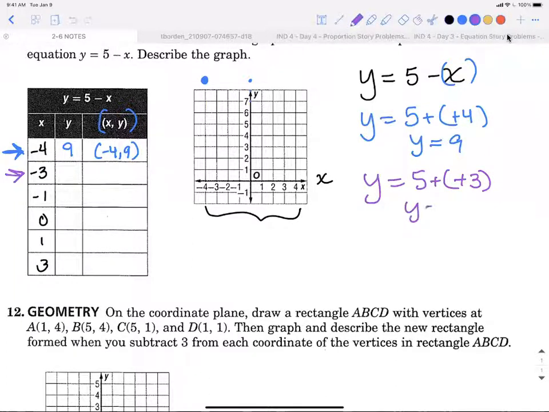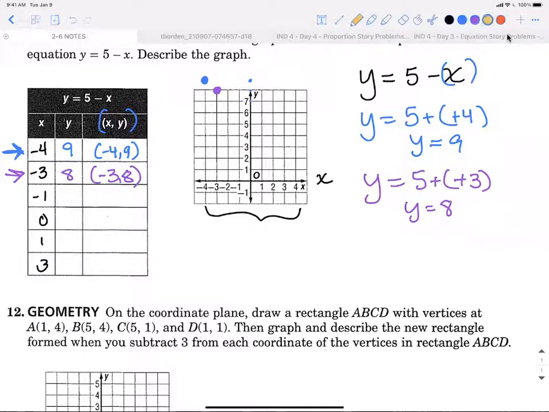So y equals 8. I go back over to my table and fill in a little more of my table. When x is -3, y is 8. So I'm going to write that as an ordered pair, -3, 8. And now I'm going to graph -3, 8, which means I'm going to go backwards on the x axis and then up to 8, which is right here.